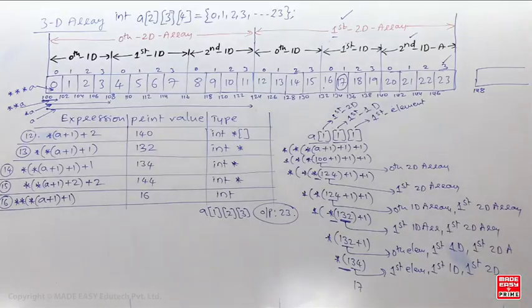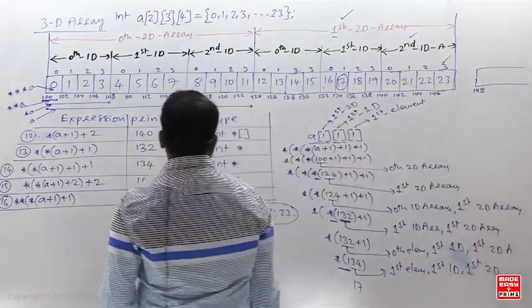Yogita Chand, you are saying 22. Is it clear for everyone? Did everyone understand?